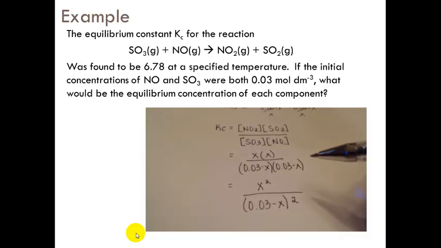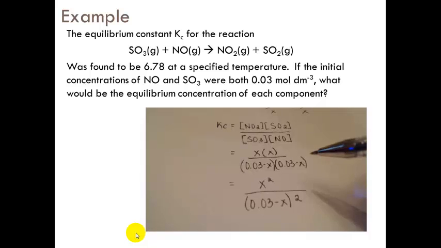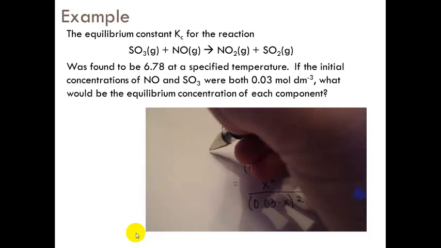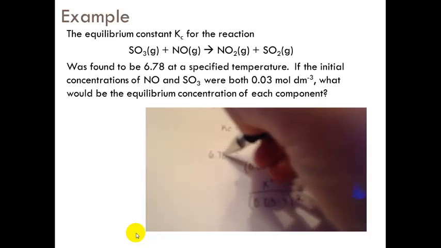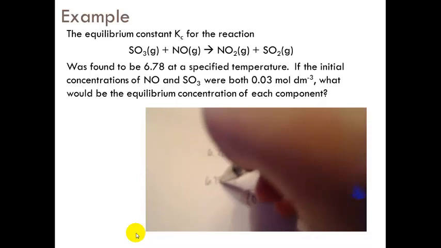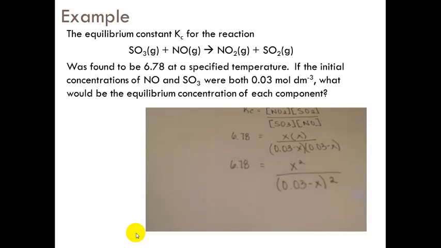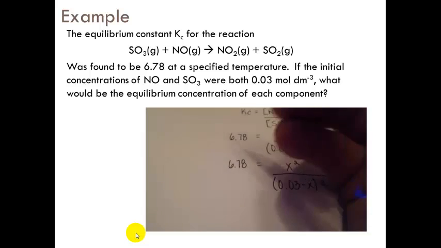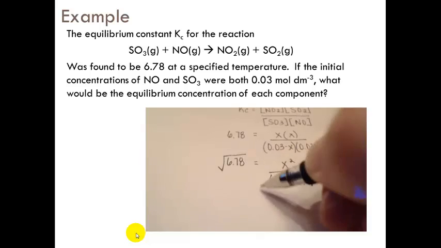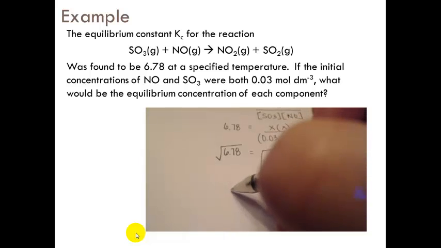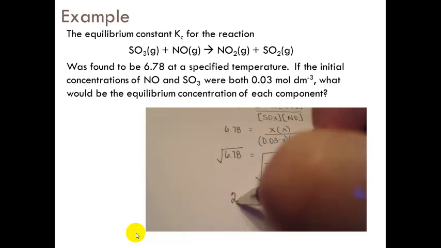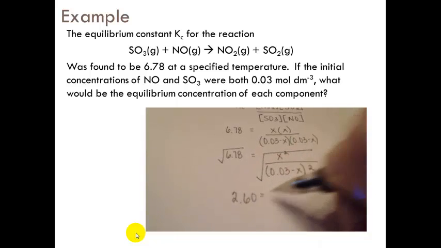However, there's a shortcut. So if you put the Kc in, 6.78, you'll notice that if you were to take the square root of both sides, so the square root of 6.78 and the square root of everything on the right, you would get the square root of 6.78, so 2.60.